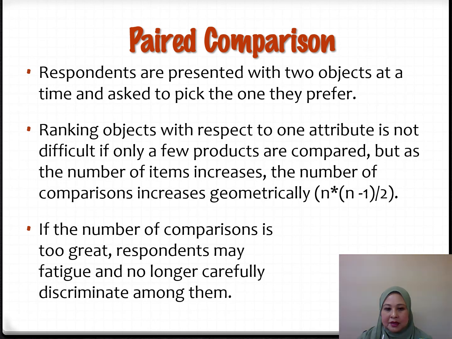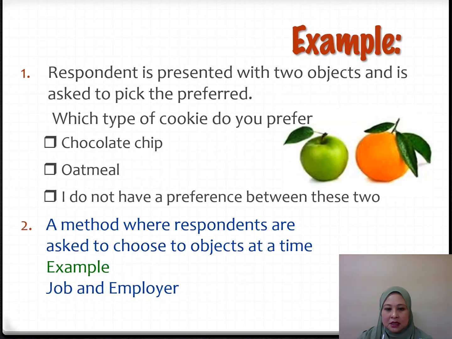For the paired comparison, usually when you want to measure something, we measure orange to orange, apple to apple. You cannot measure orange and apple, but some studies require you to measure apple and orange.